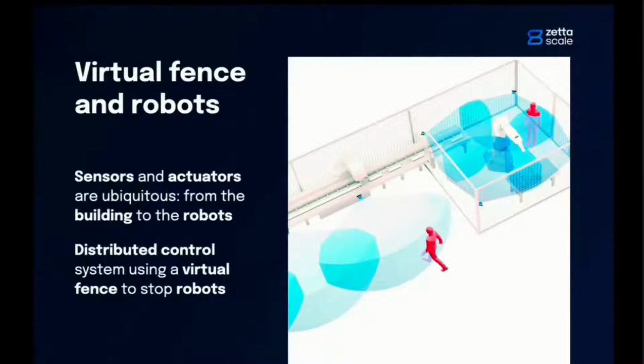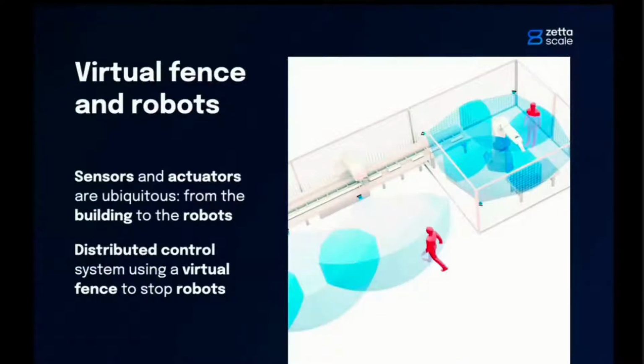A virtual fence is a virtual barrier that can be triggered whenever, for example, an obstacle or some foreign object enters a given area. This can be done via multiple technologies, via radar, via ultrasonic sensors, etc. But the main point is that when an alarm is triggered because of this virtual fence, some action needs to be taken.